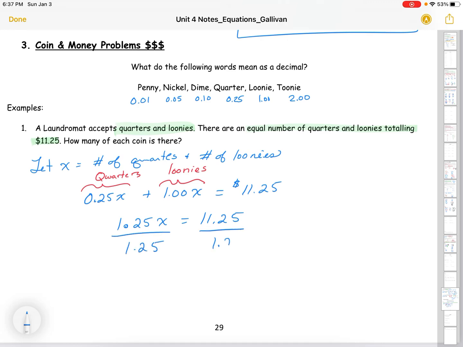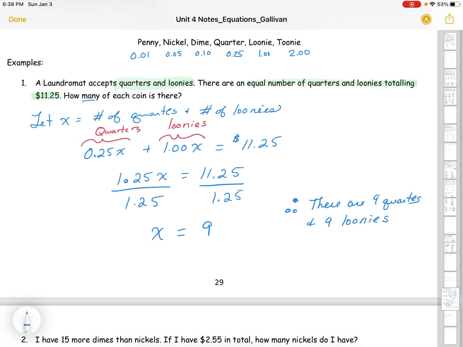Now to solve, I divide both sides by 1.25 and I get x is equal to 9. So there are 9 quarters and 9 loonies.